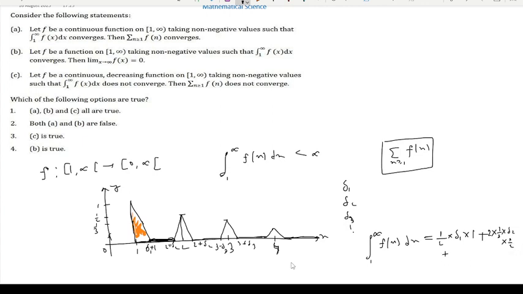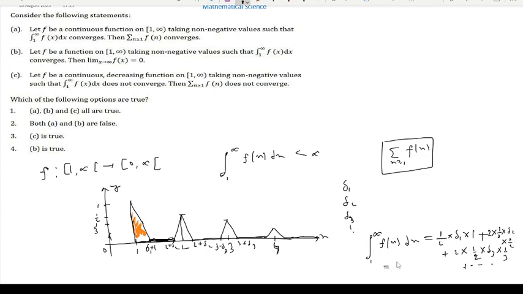And similarly for the third portion, our area is 2 into the area of one triangle, so half into our base, that is delta 3, into height, which by construction is 1 by 3, plus and so on. So just simplify this.